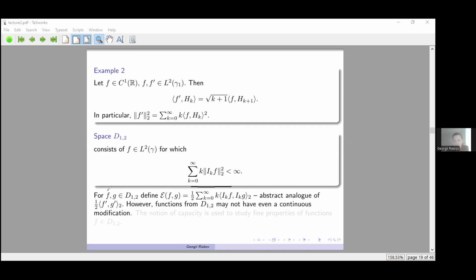Then if we consider two functions from this space D_{1,2}, we can define this functional E as 1/2 sum over k of the inner product of projections of f and g, but multiplied by k.